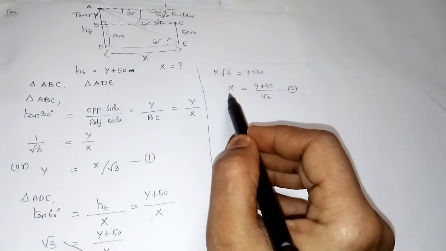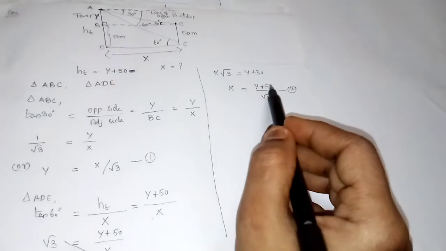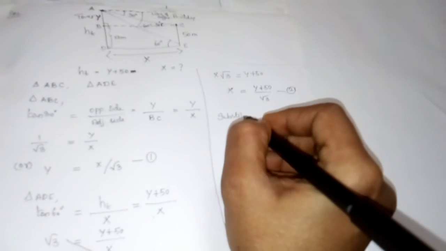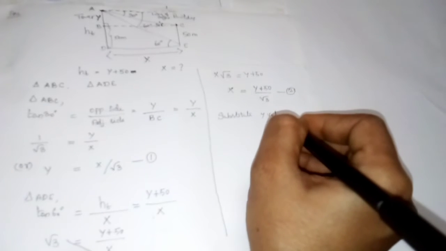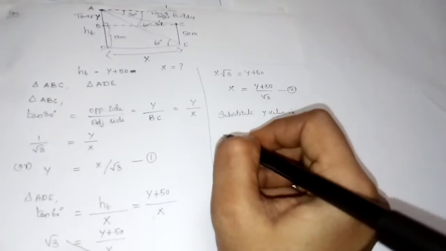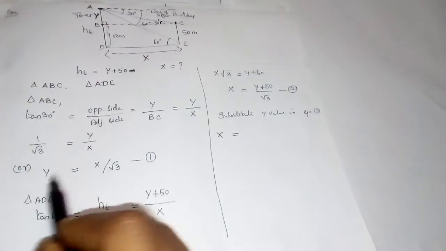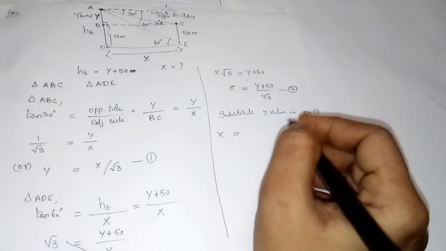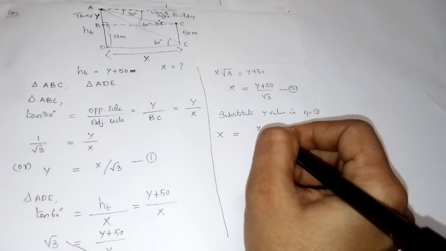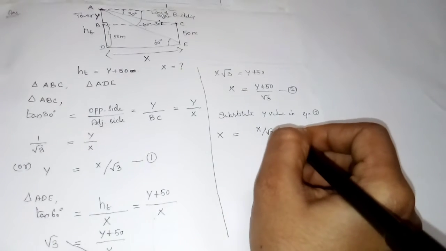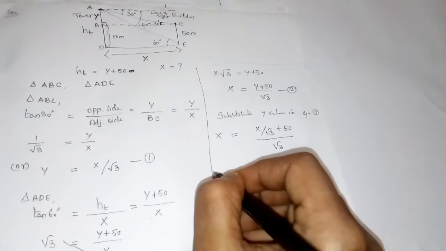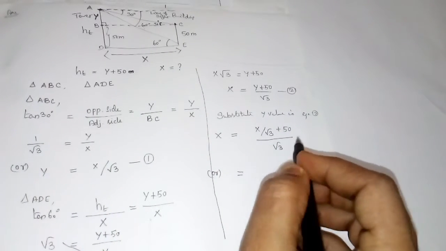So here we have found x in terms of y. You substitute the y value in equation 2. What is y? Y is x by root 3. So we get x equal to x by root 3 plus 50, divided by root 3.